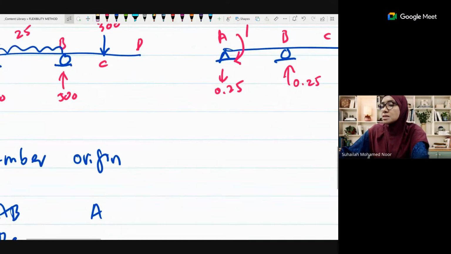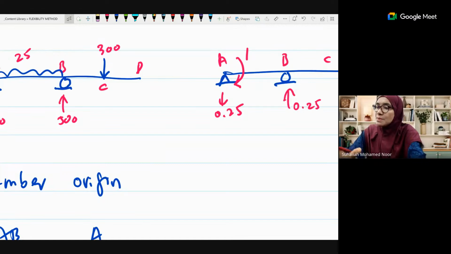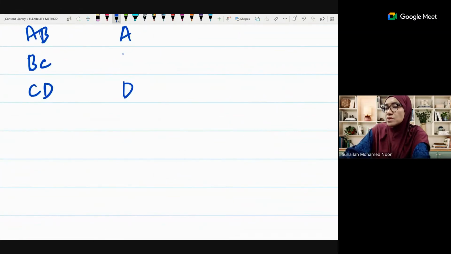Okay, so for BC we will take from the right. From the right. So can be B, can be C, can be D. Which one, D? Okay, D as origin. Okay, C can also.